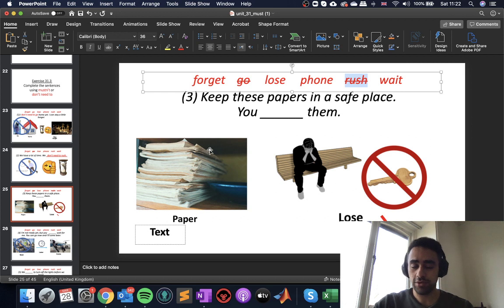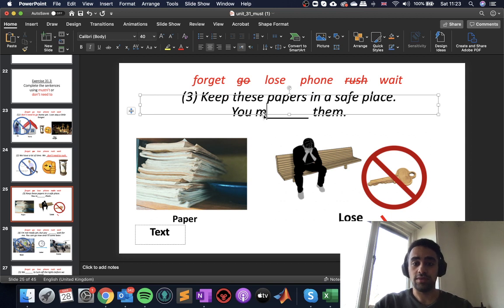So these are very important papers, and it is important that you have them, that you don't lose them. Because it's very important, and the guy is saying keep it in a safe place, we will use must not. So, you mustn't. Okay.